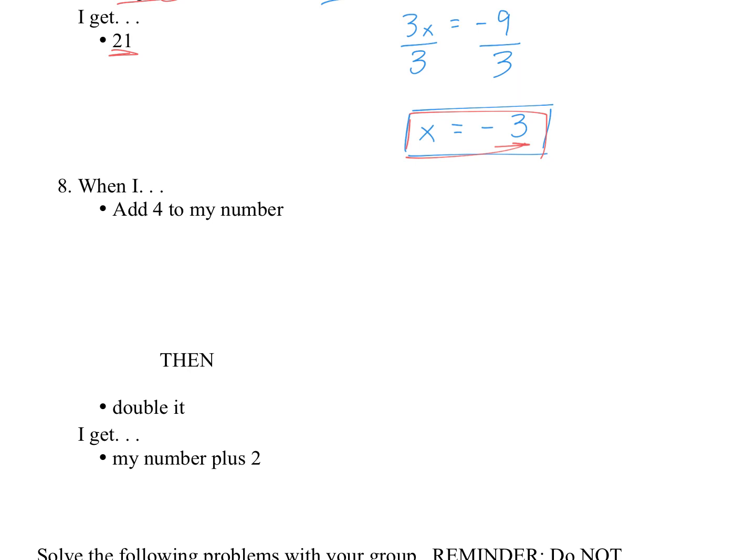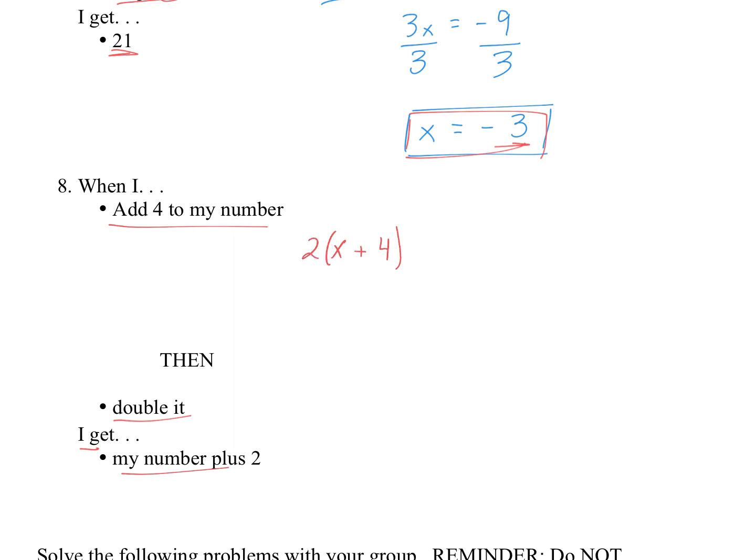So number 8: I add 4 to my number, then double it, and when I do that, I get my number plus 2. So first step, add 4 to my number, and then I double it.